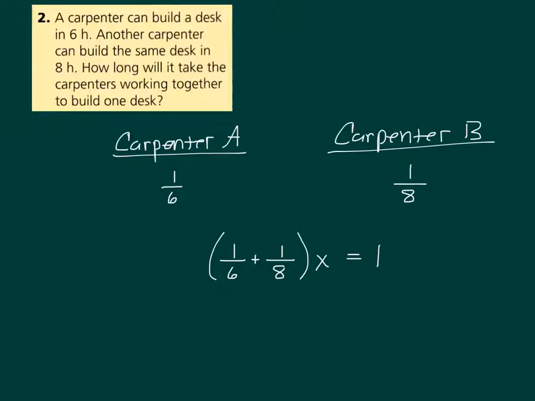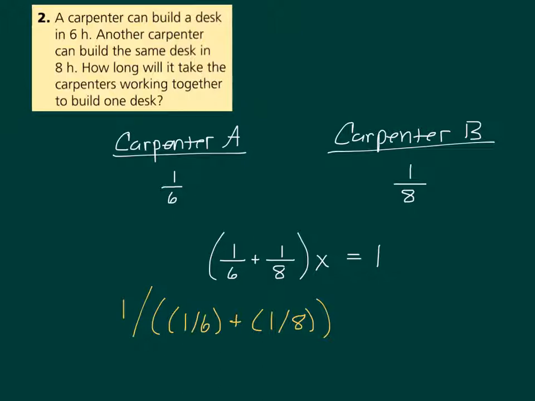So, you want to say, if you want to put all of this in the calculator in one line, you want to solve for x, what you're going to ask the calculator for is 1 divided by 2 parentheses, 1/6 plus 1/8. Like this.